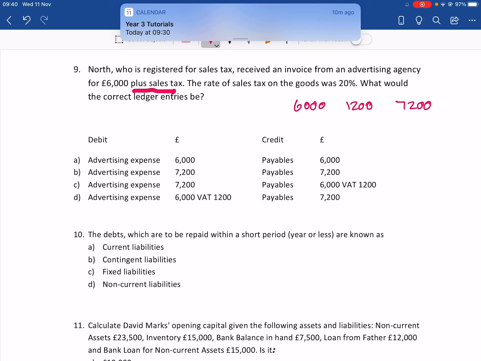So we would debit the advertising expense, we would debit the VAT, and we would credit the payables. These are the payables, because we owe 7,200. So 6,000 would be the advertising expense, that would be the VAT, and that would be the payables.